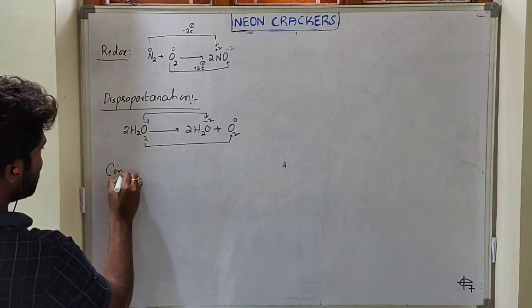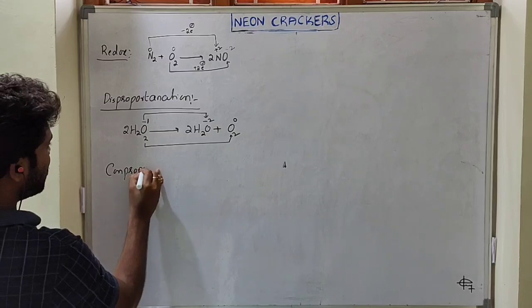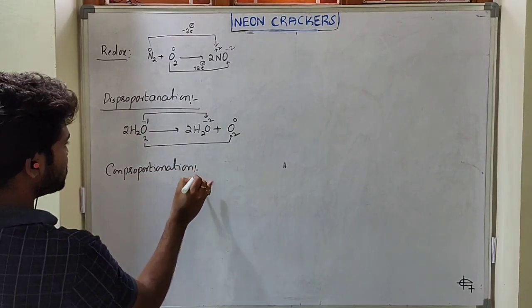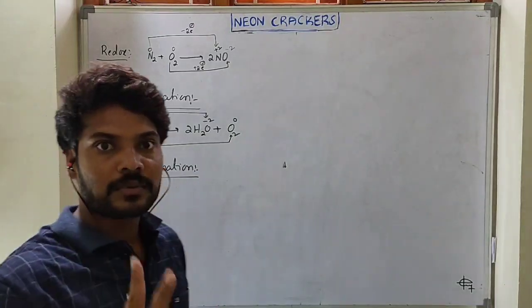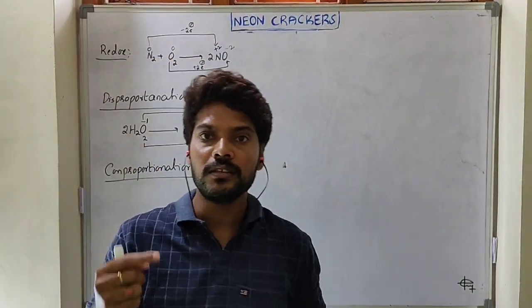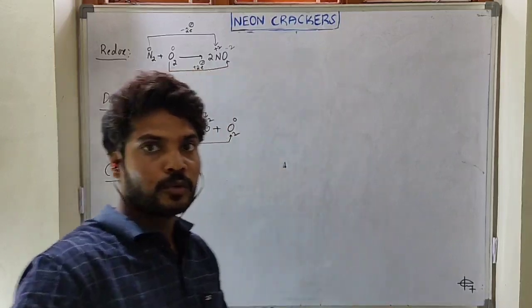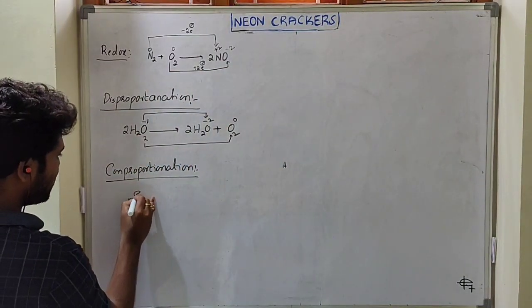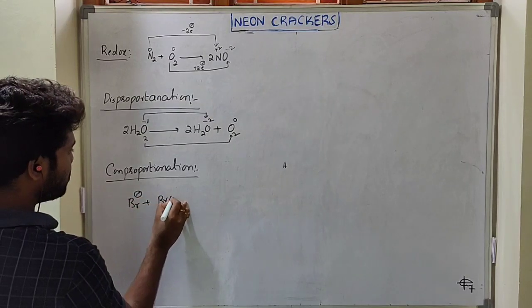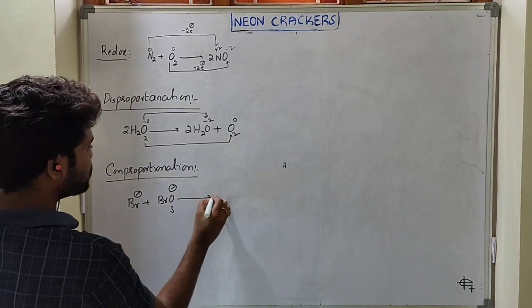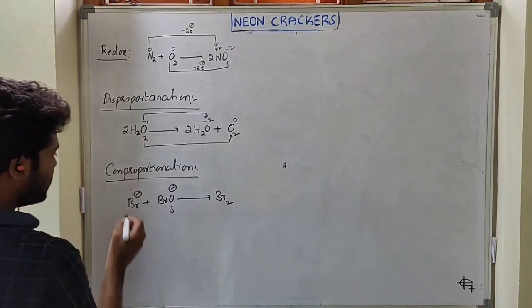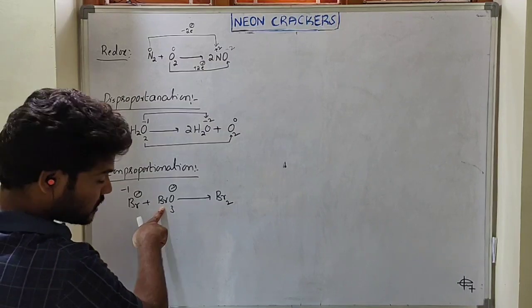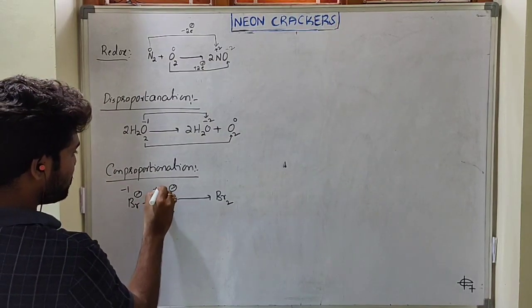And the opposite direction is a comproportionation reaction. So what is a comproportionation reaction? Two individual substances undergo oxidation and reduction respectively to produce one kind of product. Suppose we take Br minus reacting with BrO3 minus to produce a Br2 molecule. Here what is the oxidation state of bromine? -1. Here? +5.